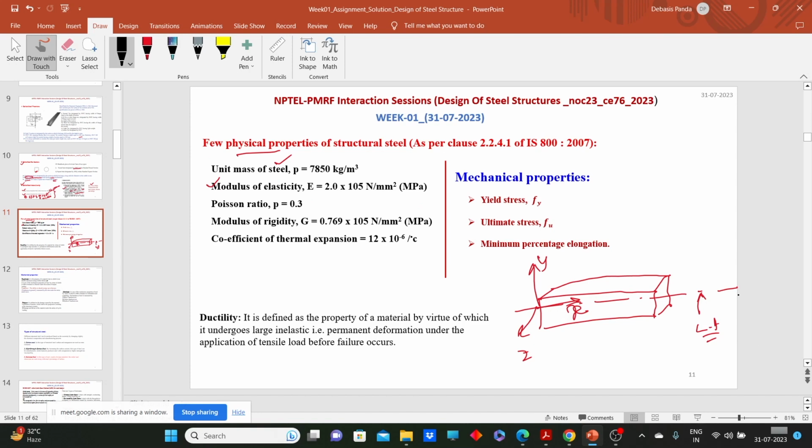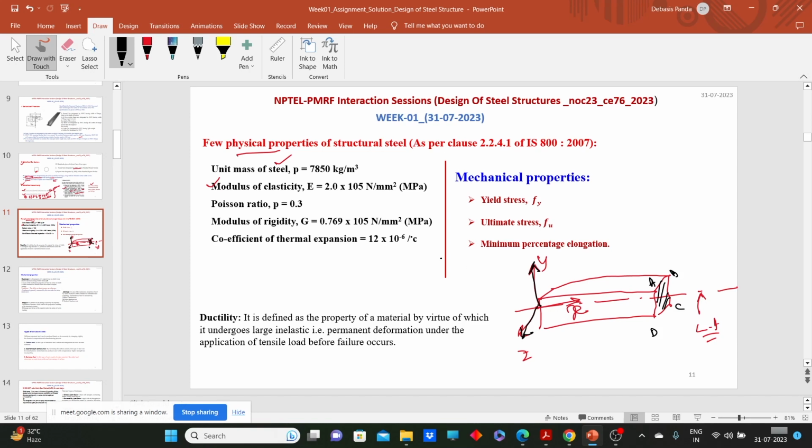So the sections perpendicular to your longitudinal axis are called the cross sections. Now, what do we mean by transverse axis? The axes which are perpendicular to your longitudinal axis are known as your transverse axes. Okay.